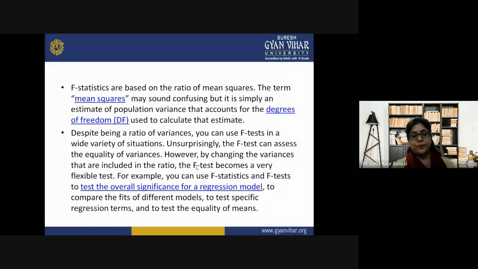For example, you can use the F statistic and F-test to test the overall significance of a regression model, to compare different models, to test specific regression terms, and to test the equality of means. So just understand how we are going to use the F-test.